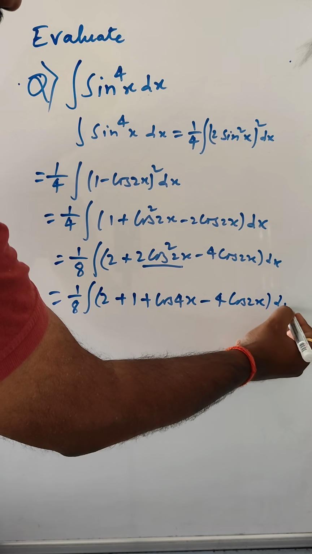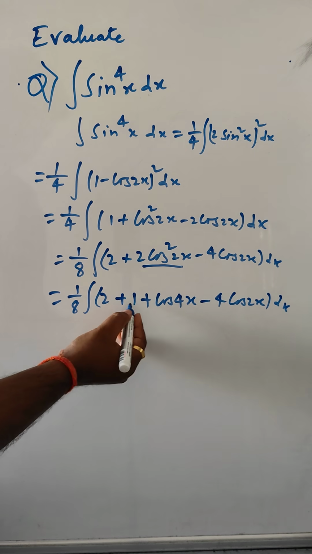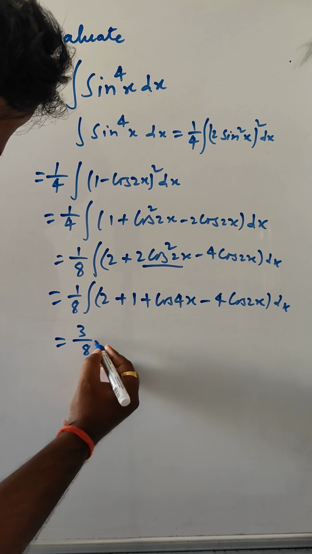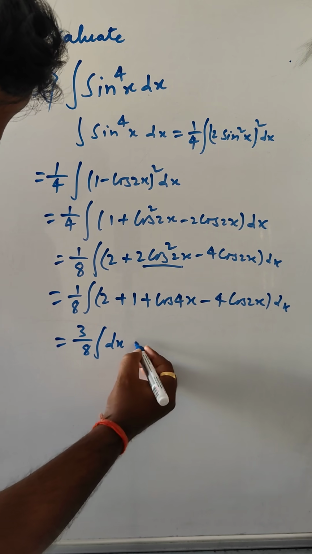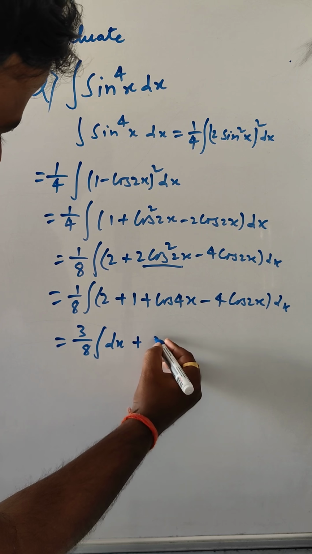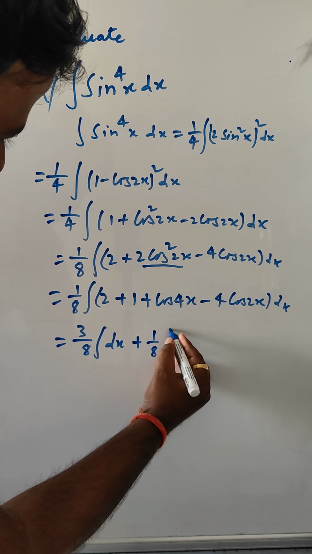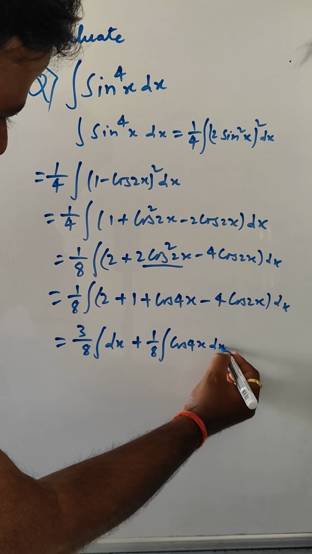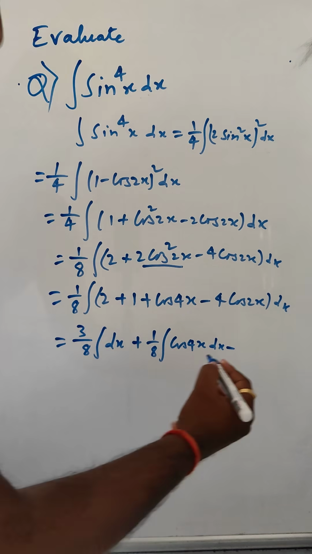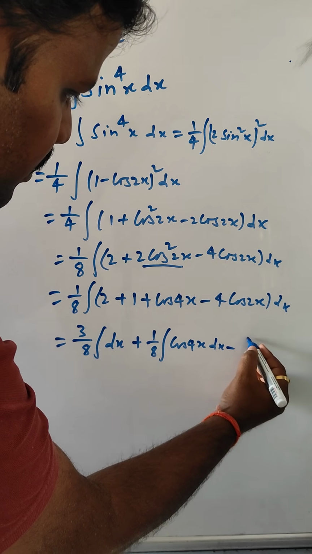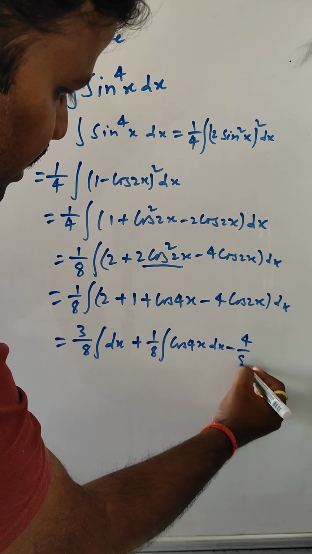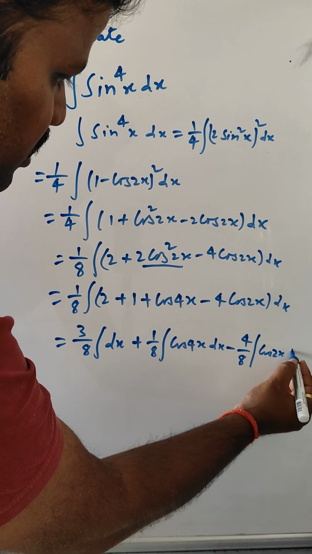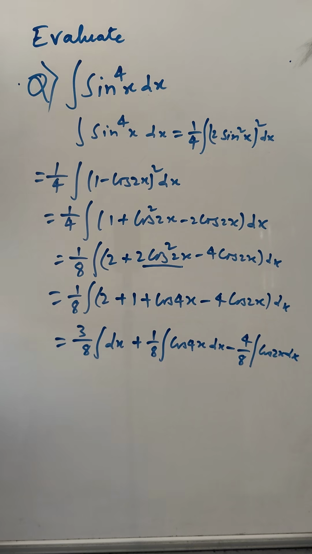correct, dx. So 2 plus 1 is 3, we can do 3 by 8 dx, plus 1 by 8 cos 4x dx minus 4 by 8 cos 2x dx, right?